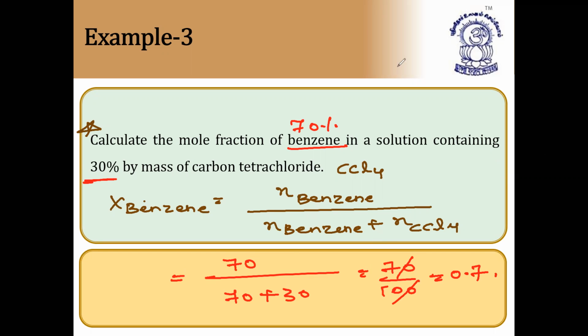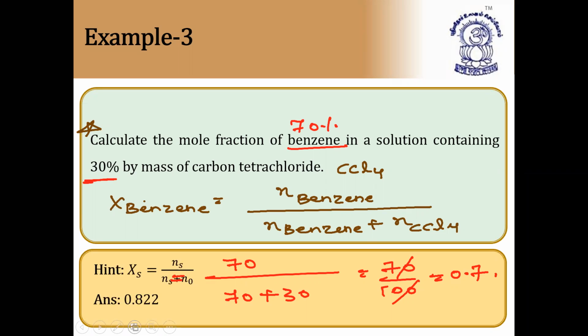I think number of moles of benzene, you should take as mass as well as molecular weight. So let us see now how we will get the answer. You should not take directly 70% here.